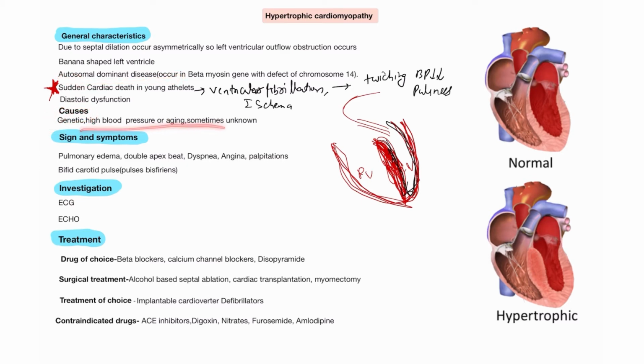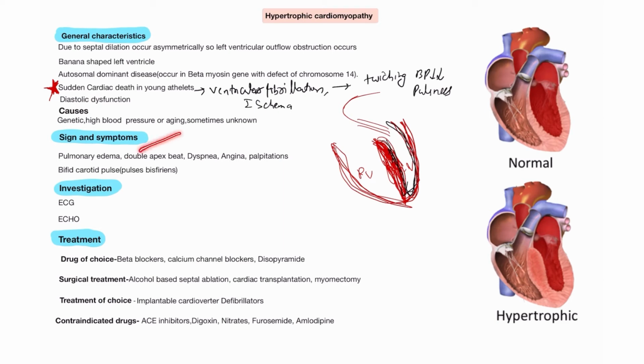High blood pressure or aging also sometimes causes hypertrophic cardiomyopathy, and sometimes the causes are unknown. If the question says unknown causes, then think of hypertrophic cardiomyopathy, because the patient shows normal activity and does everything normally, but when he does any large function, or an athlete's function, any exercise, then it causes death, and it is due to hypertrophic cardiomyopathy. So sometimes unknown abnormalities occur. These are the causes of hypertrophic cardiomyopathy.